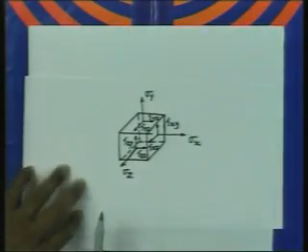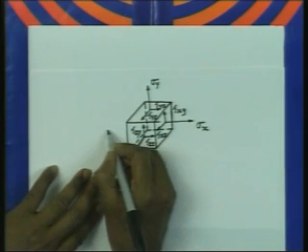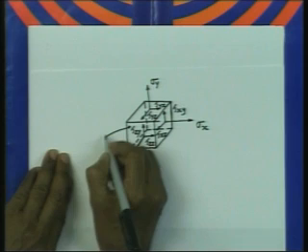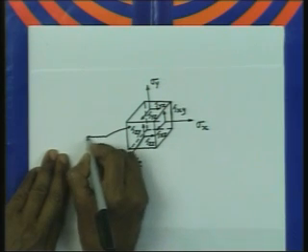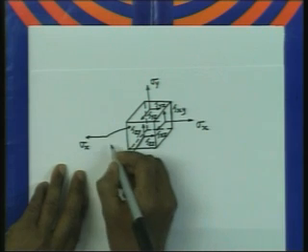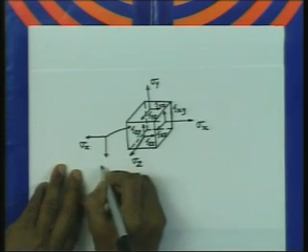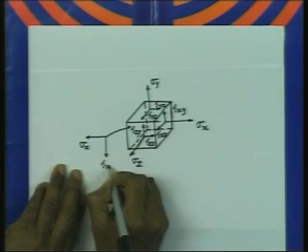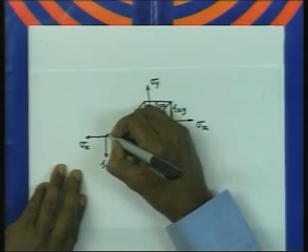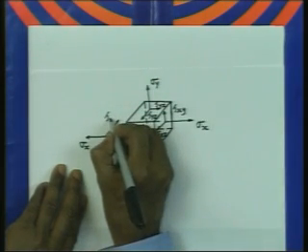So we can now draw the stresses on the negative face. If we want to show the stress on this face, it is going to be sigma x directed in the negative x direction, and shear stress tau xy is directed in the negative y direction, and the shear stress in the z direction is going to be directed like this.